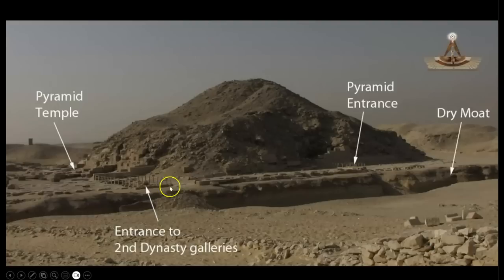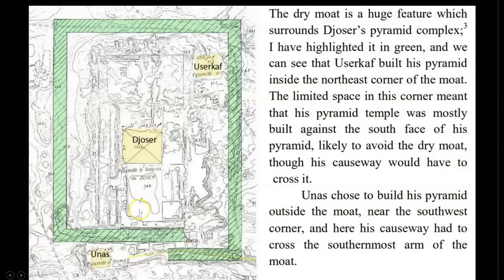Now, on to the Pyramid of Wunis, which you can see here, courtesy of my colleagues at the Osireion project, and we will be venturing inside the structure here, exploring the Eastern Temple over here. In the video, you will also hear me discussing the quote-unquote dry moat, which you can see here, which, in my opinion, is absolutely not dry at all.